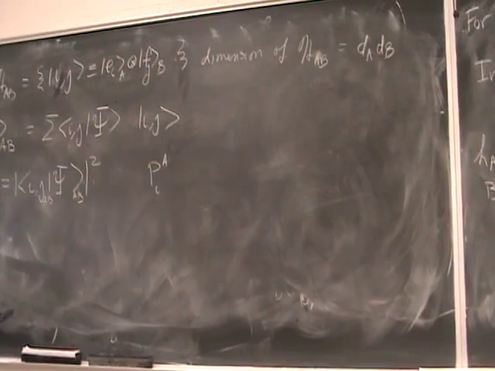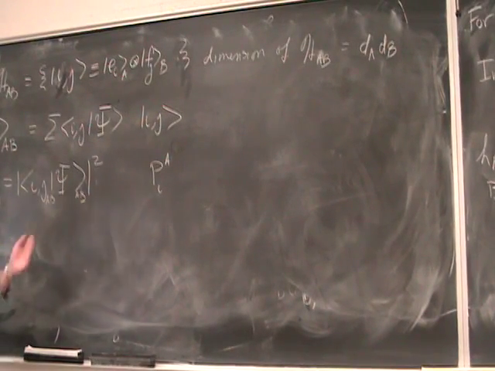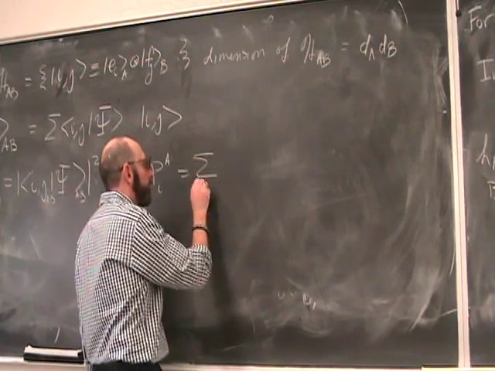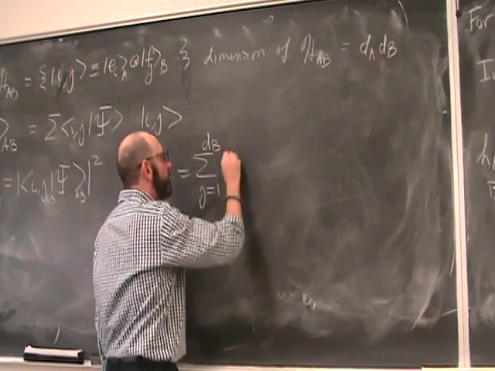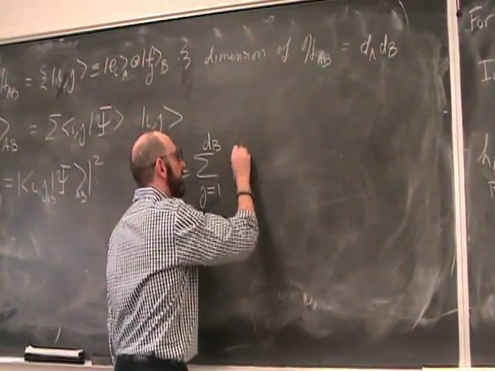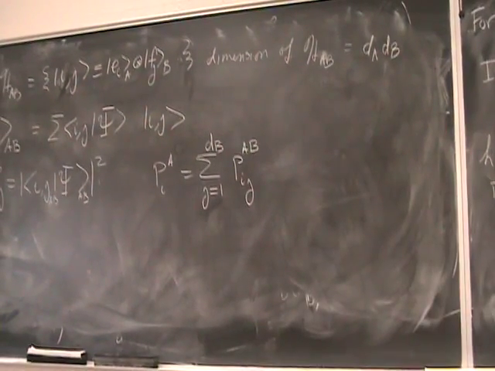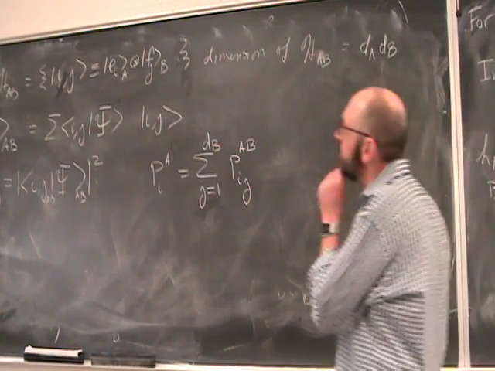Just sum over all the space that we could be in. That's right. So I marginalize. I would sum over J equals 1 to dB of the joint probability distribution for the two. Okay? That's the marginal probability distribution.